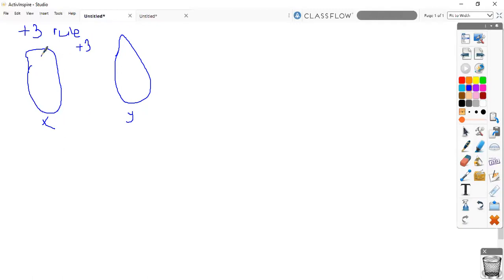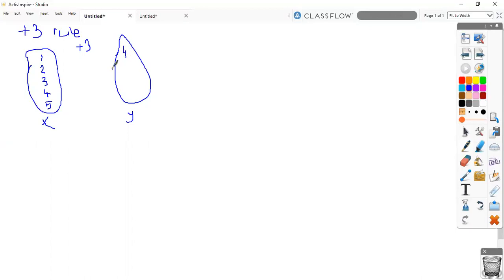Now if we have here 1 and 2 and 3 and 4 and 5, with this rule adding 3, what will be here? 1 plus 3 will be what? 4.